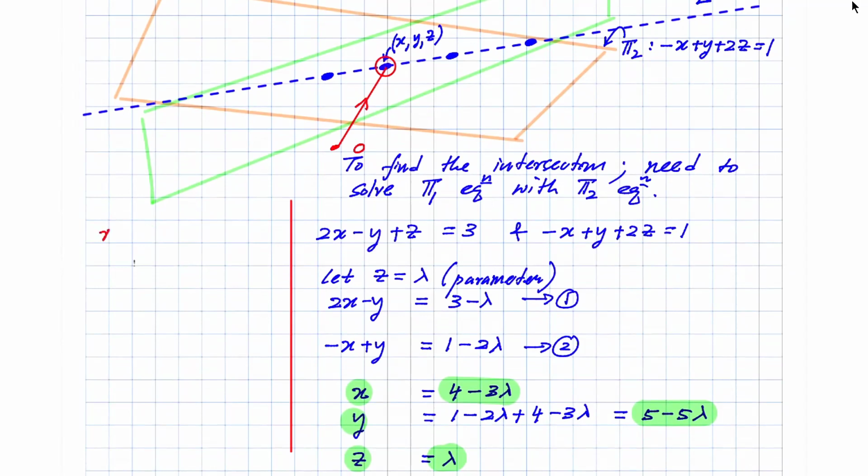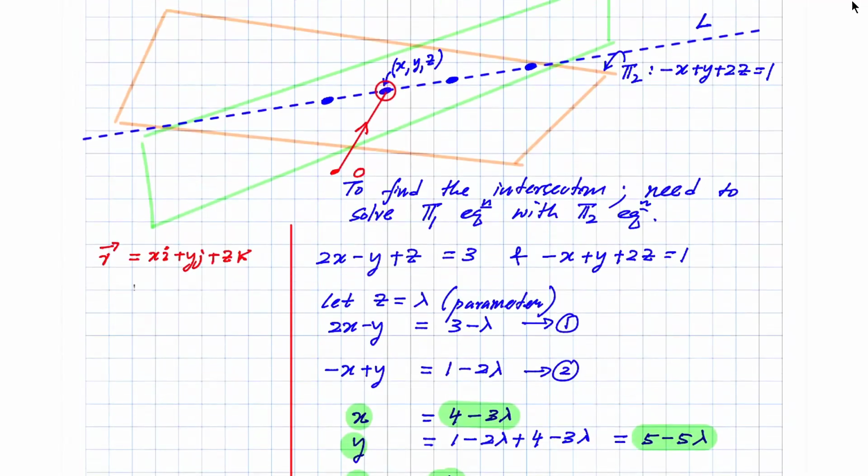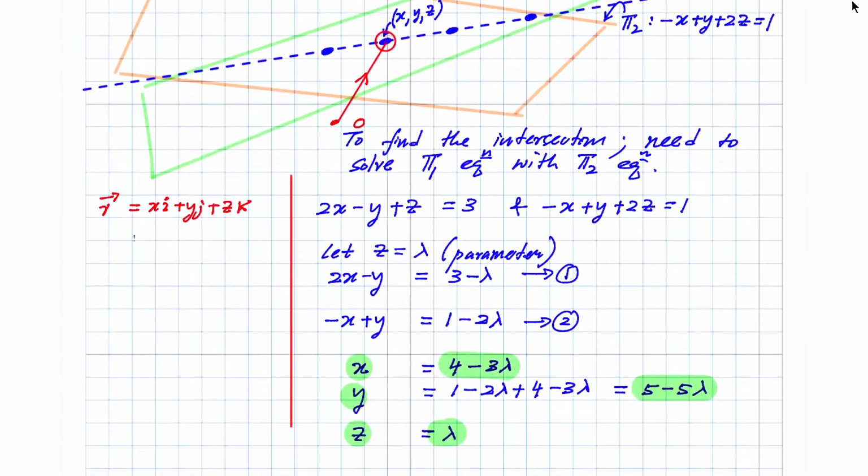That position vector is r, given as xi plus yj plus zk. x, y, z are the coordinates, so you substitute the x, y and z values from this part. So x is going to be 4 minus 3 lambda i, plus y is going to be 5 minus 5 lambda.